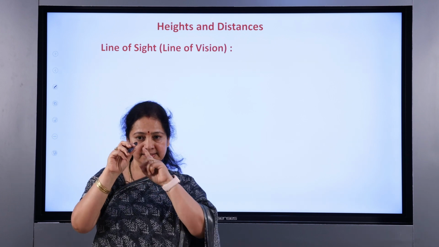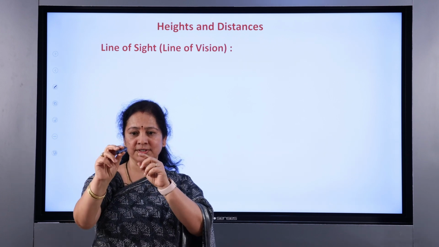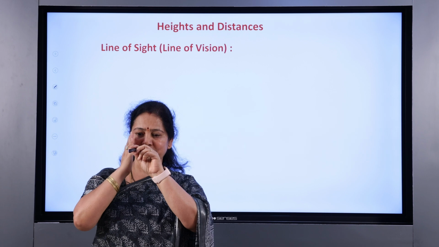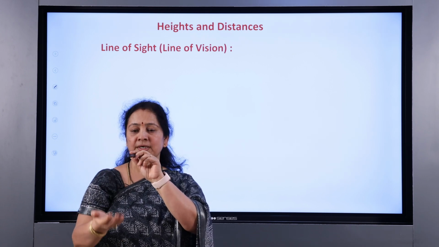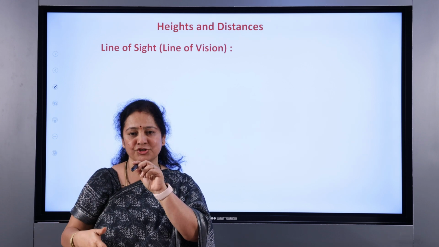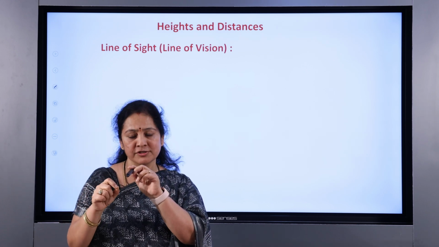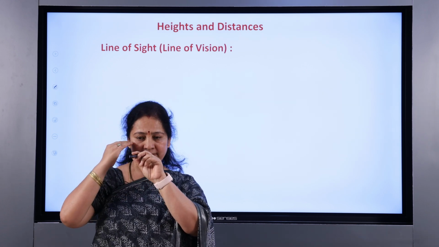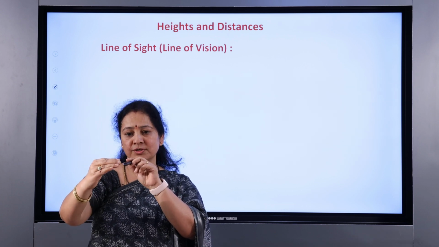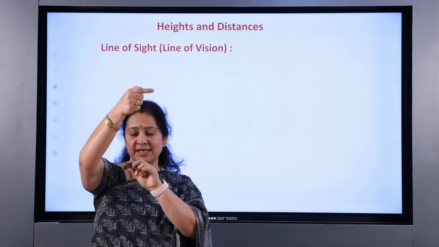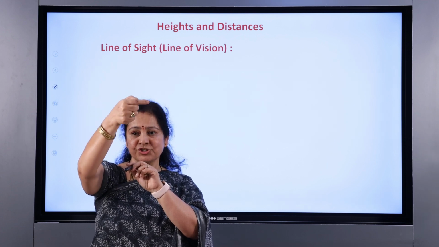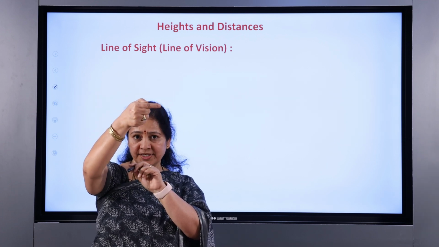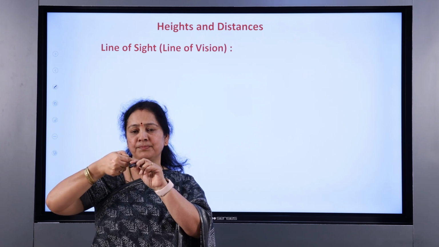Now, if this is my eye, this is the horizontal. Through my eye, visualize I'm drawing a horizontal line that would be parallel to the ground. The height is negligible unless it is mentioned so. So through the eye, visualize a straight line, that is the horizontal. Now, if the object is above, we visualize an imaginary line joining the object to the eye.